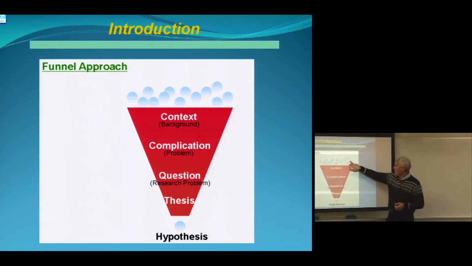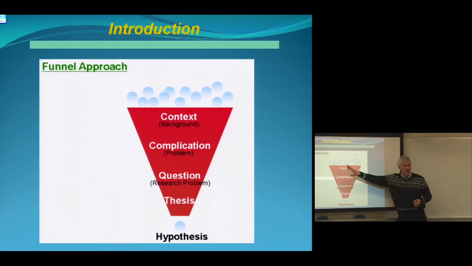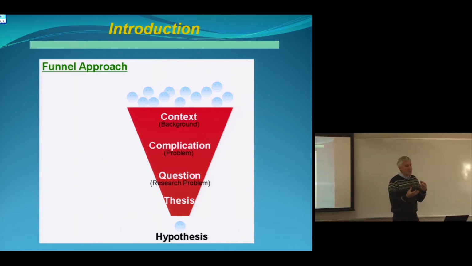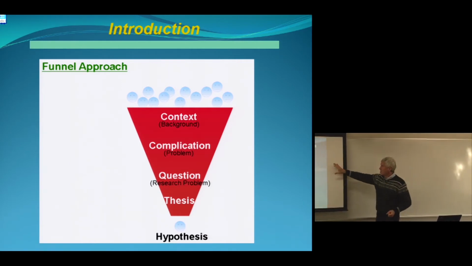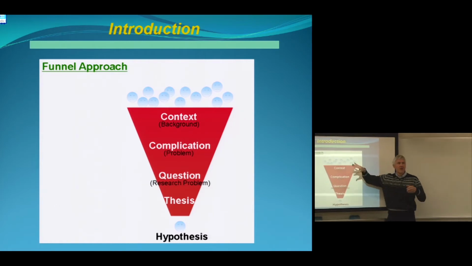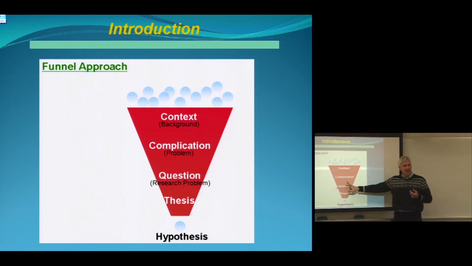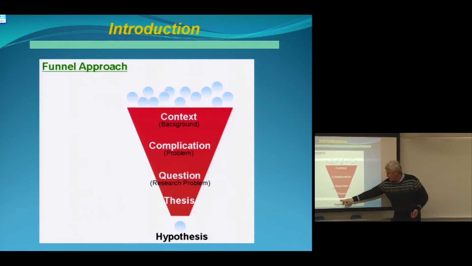So if we want to look at the introduction, I like to use this funnel here with lots of information up the top here. And so what you're trying to do at the start is introduce a context to the research that most people will understand. And then from there, you gradually filter what is the problem of all of this, what is the question being asked by that research, or how is it going to solve that problem, and out comes here, this is the one we choose.